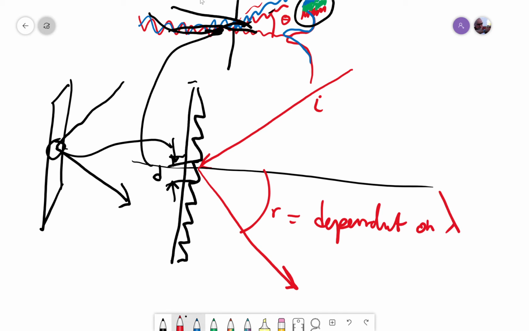Okay, so here, red light comes in, blue light comes in, green light comes in, and they are all reflected at different angles.